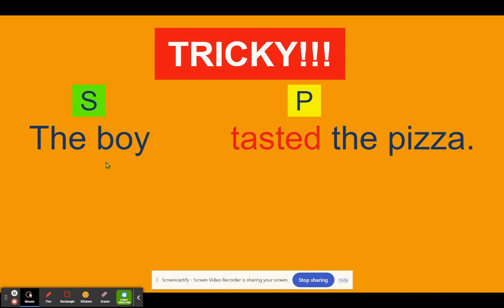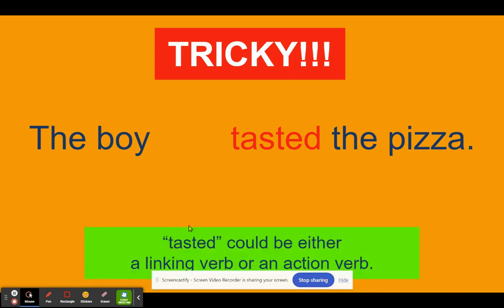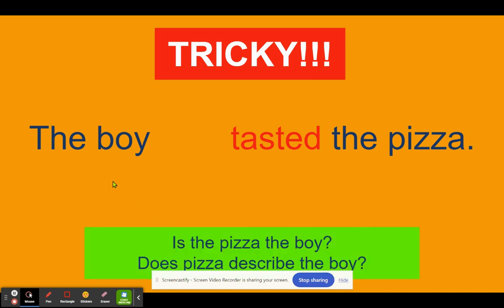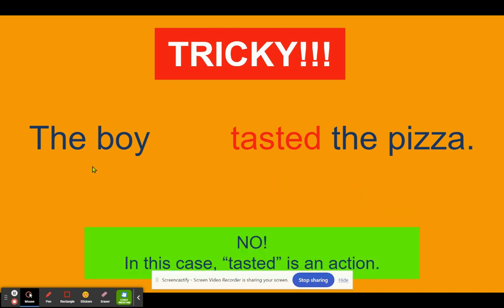Tasted, like I mentioned, is our verb. So tasted, we know, could be either a linking verb or an action verb. So we're going to ask the question, is the pizza the boy? I hope not. Does the pizza describe the boy? Nope. Is the boy doing tasting? Is that a thing that he's doing? And in this sentence, that is yes. So no, tasted is not a linking verb. Tasted is an action.